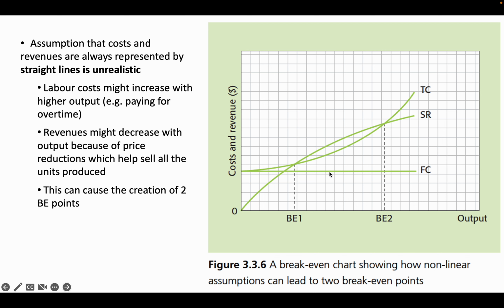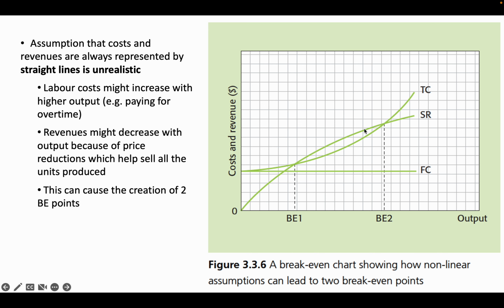If there were economies of scale, on the other hand, it would be the other way around, downward sloping. But there might be another one. Revenues might decrease with output, because of price reductions and so on. So based on that, the lines can have different shapes than what we studied.